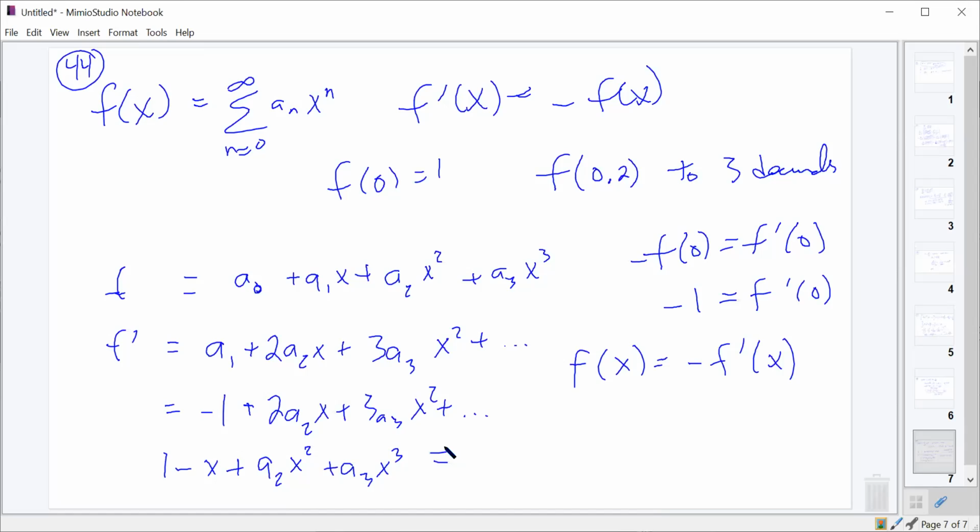That should be equal to the opposite of f prime of x, which is the opposite of negative 1 plus 2 a sub 2x plus 3 a sub 3x squared, and so on.